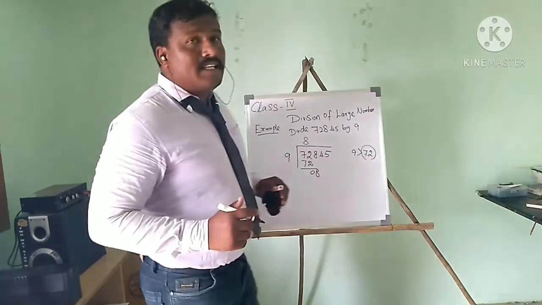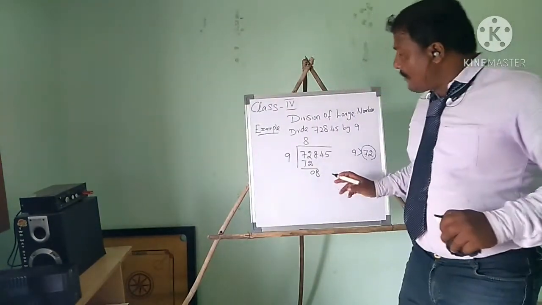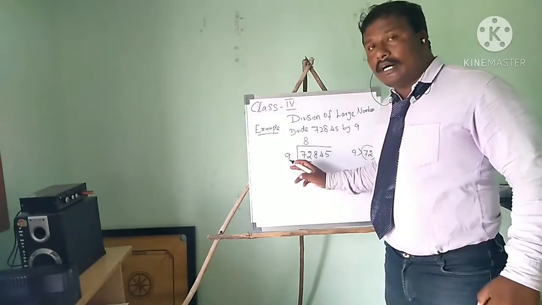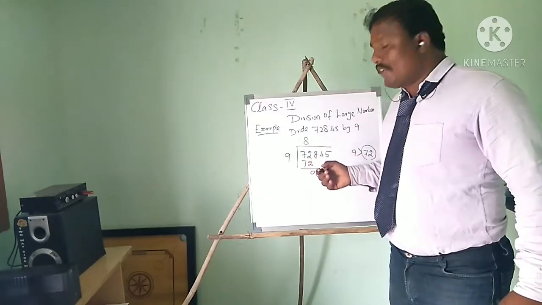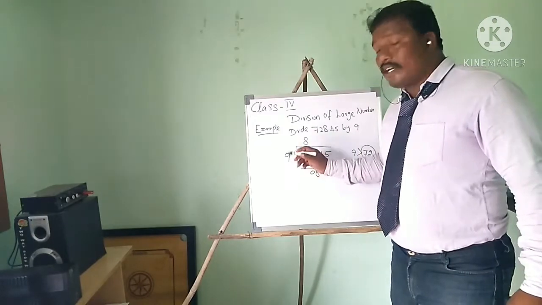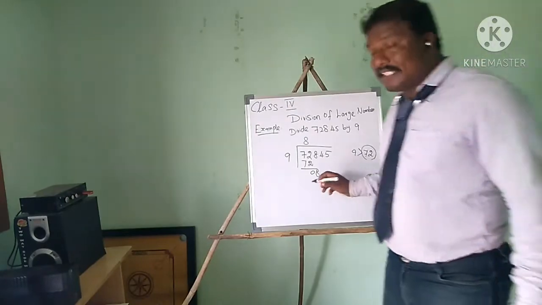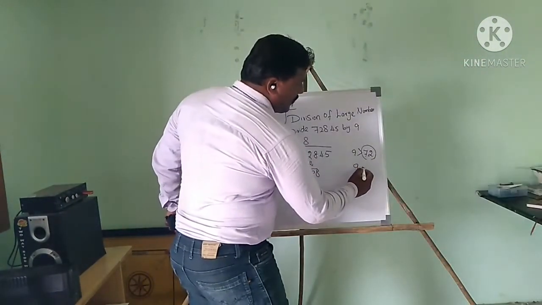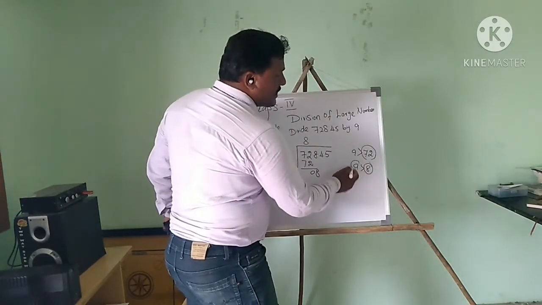Here 8 is small compared to the divisor 9.